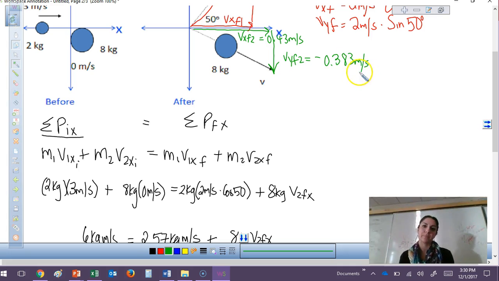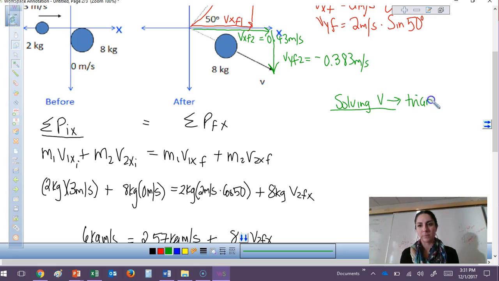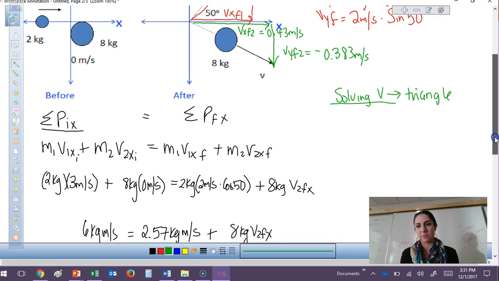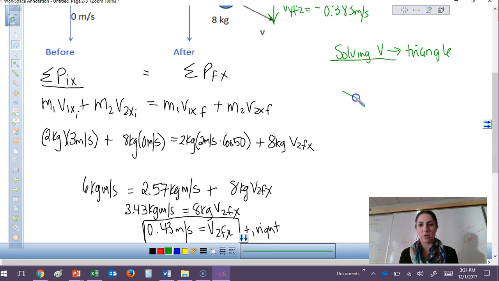So cool. So like I said, right now we just solved for the components that make up this velocity, but the real question is, what is V? So we solve V by using a triangle. So here's the way it looks. I'm just going to redraw the triangle just so it's out of the problem.